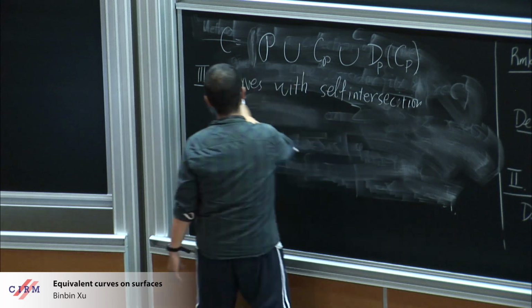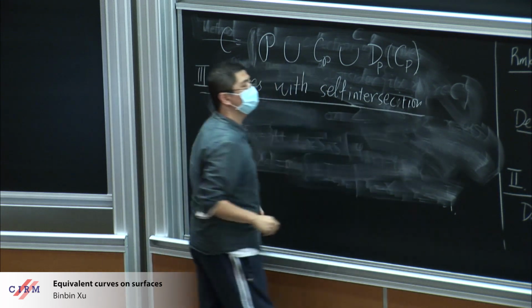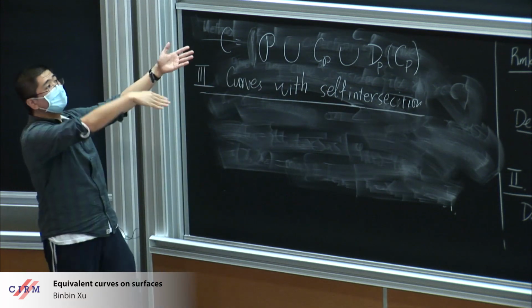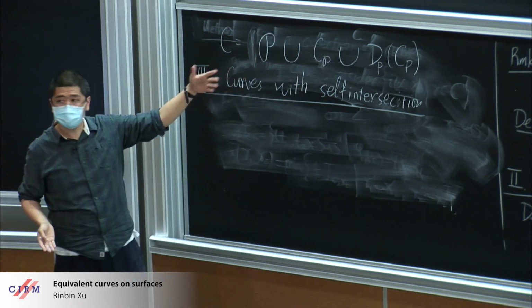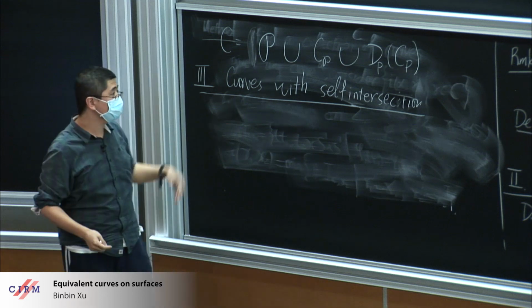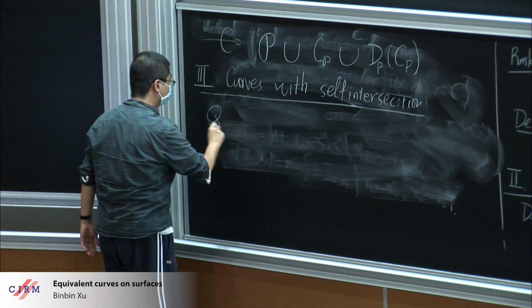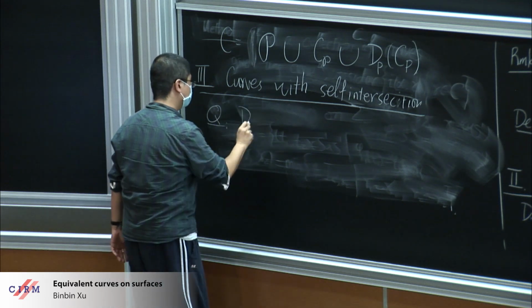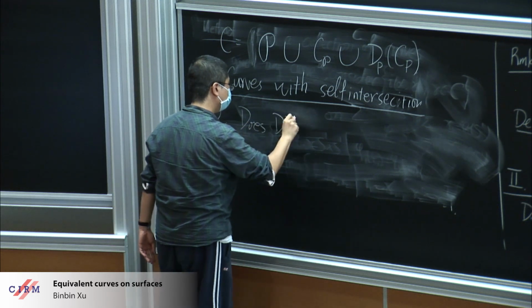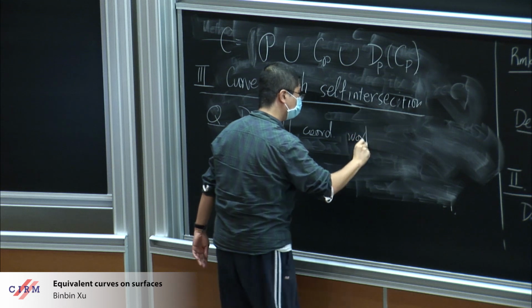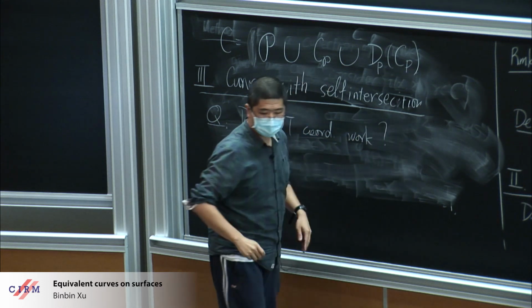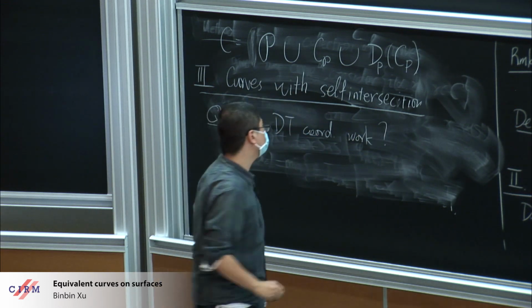The first thing you want to try naturally is to see, okay, now I have a twist, a surface coordinate. Can it also work for this case? So the question is, does the surface coordinate work in this case? And the answer is no.